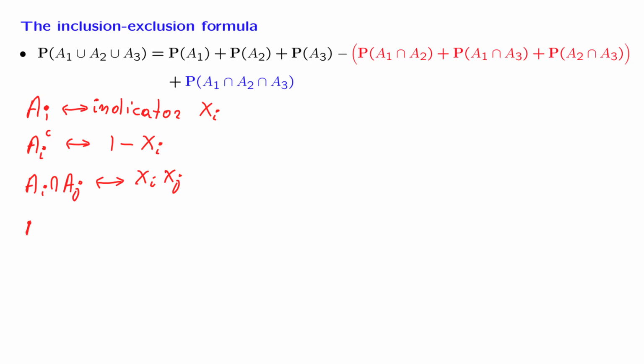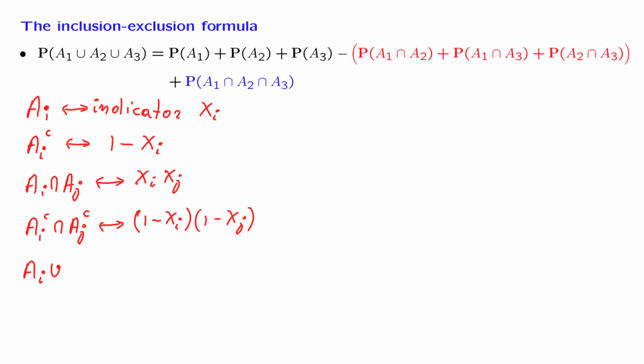Now, what about the indicator of the intersection of the complements? Well, it's an intersection. So the associated indicator function is going to be the product of the indicator function of the first set, which is 1 minus Xi, times the indicator function of the second set, which is 1 minus Xj.